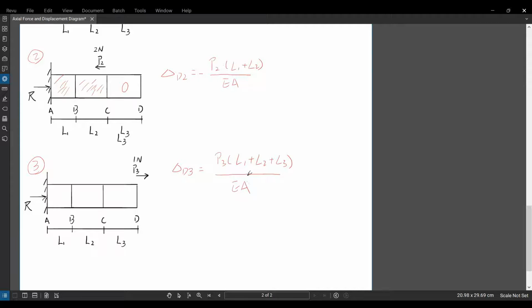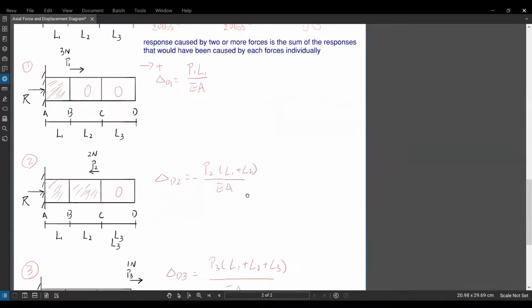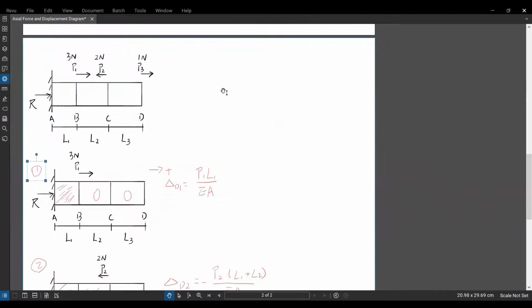Now, let's look at the combined effect of the 3 individual loads.